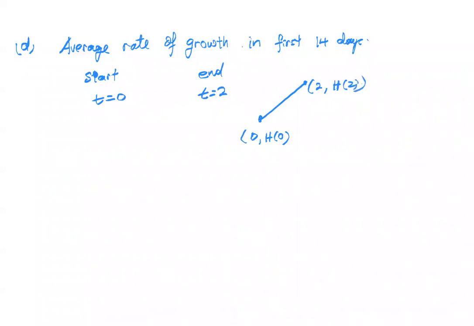You don't care in between. That is what we learned in first principle, correct? The slope of the curve represents the average rate of change between x and x plus h. So you just need to write down average rate of growth.